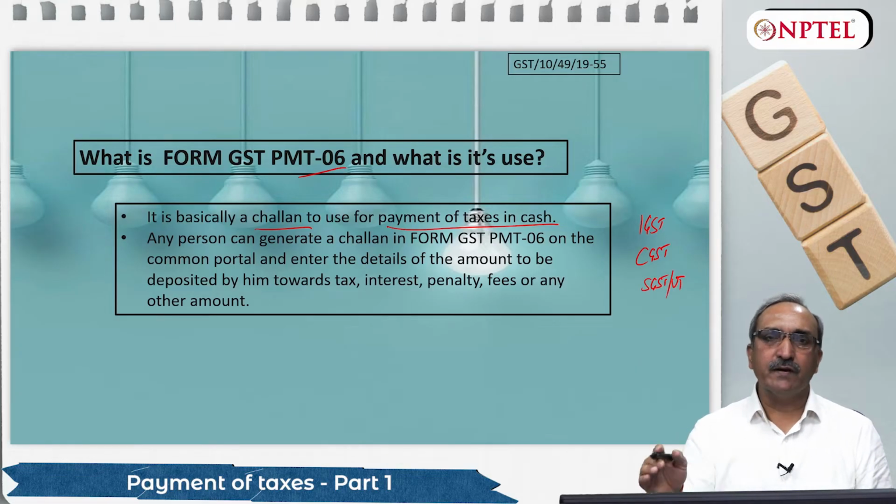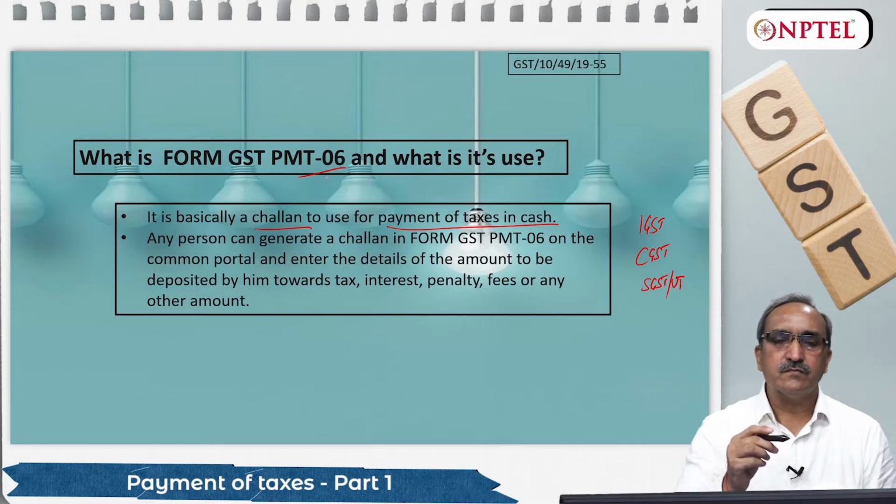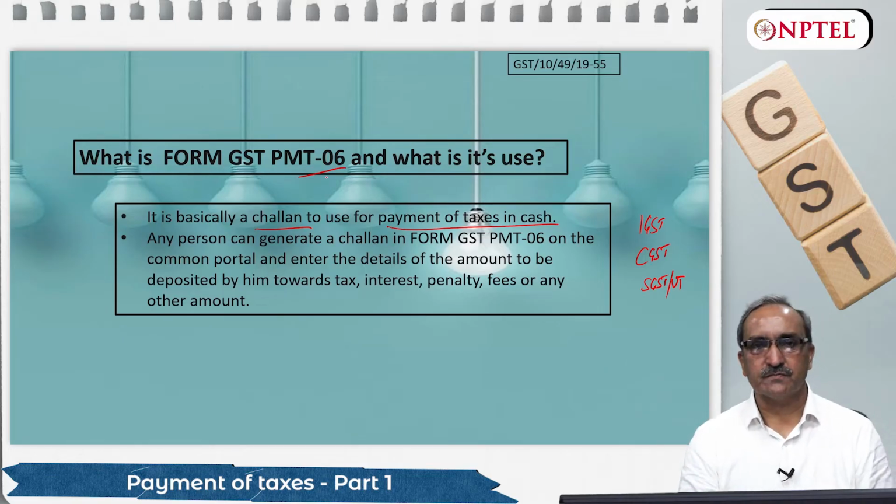So in the challan we will mention the amount we want to deposit and present that challan in physical form or through online system while paying tax through NEFT, net banking like this. And this challan is in form PMT-06. It has a standard format prescribed under the law, we have to use that.